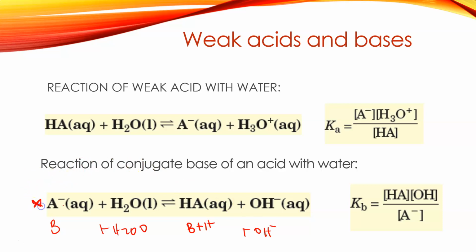I prefer this one, but either way will work as a general equation. So now we have the expressions Ka and Kb, where the ions as products are put on the numerator and the concentration of the acid initially is put as HA.